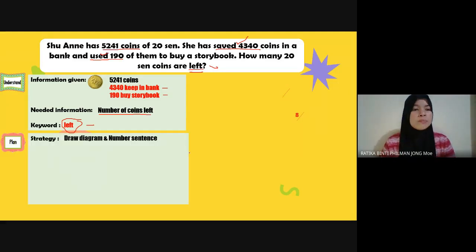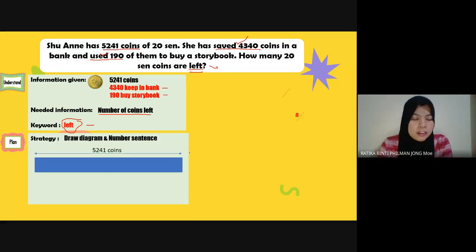Okay, now we are going to plan the strategy. Saya akan lukis, but I'm not going to draw 20 cent coins. I'm going to represent the coins by using the diagram macam yang sebelum ni saya buat. Okay, so this is the 5,241 coins. Banyak ni.